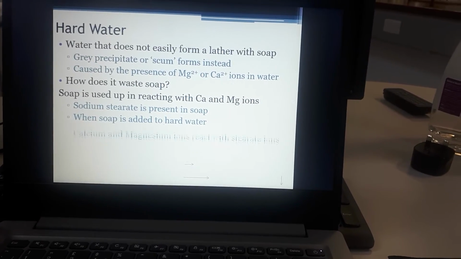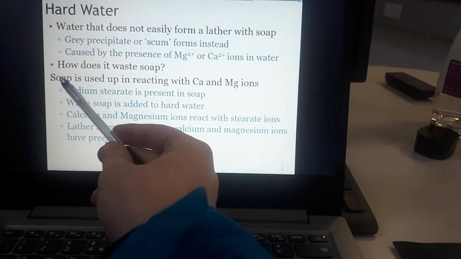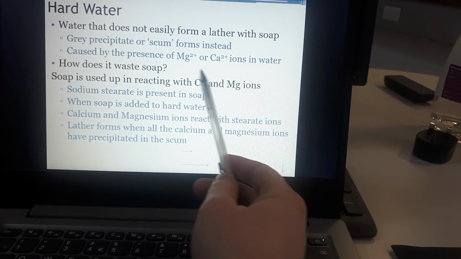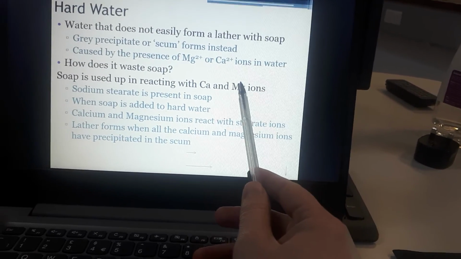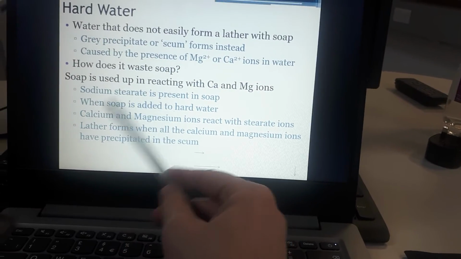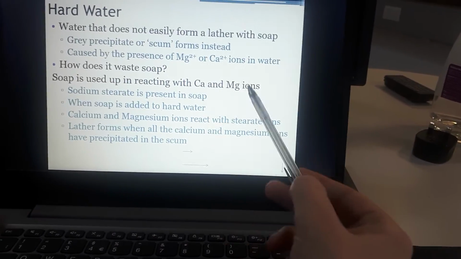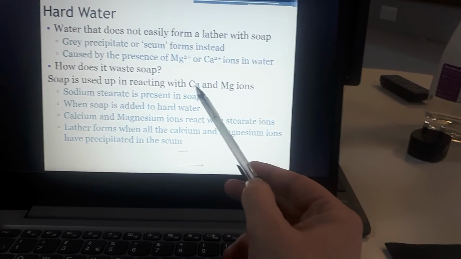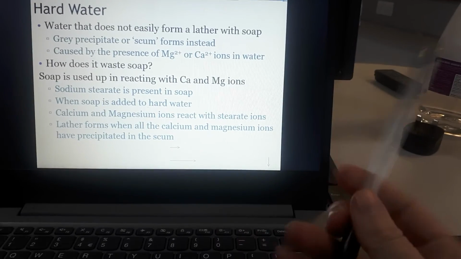So what happens then is that you're going to end up using all of the soap to react with all of the calcium and magnesium ions present. But only once all of these are gone will you then end up with your soap actually forming a lather. So you're wasting a huge amount of soap here, particularly if you're in an area of very hard water, okay?